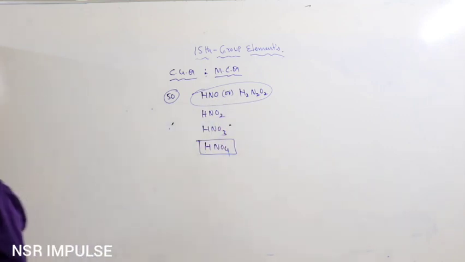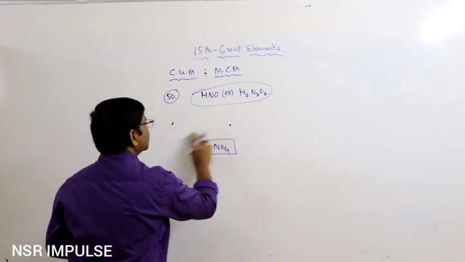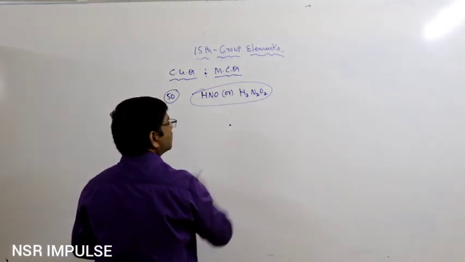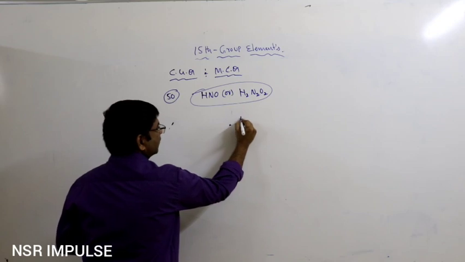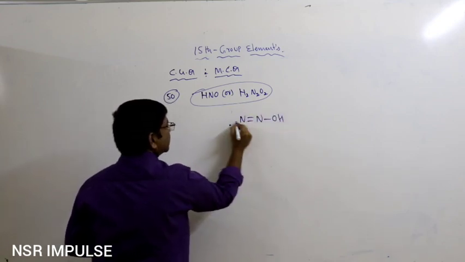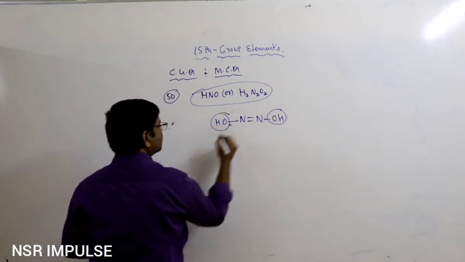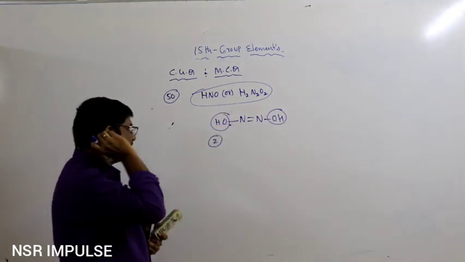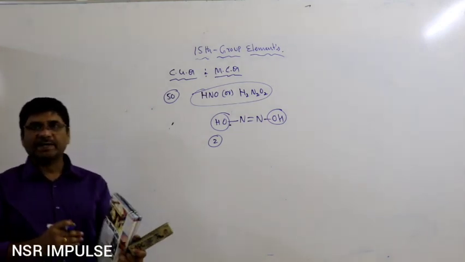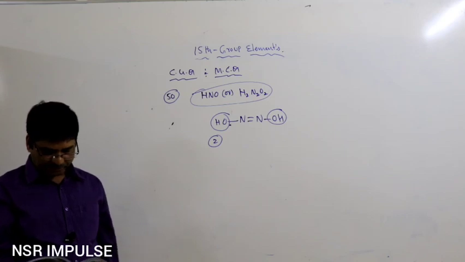The H2N2O2 state. In this, the possible hydroxyl group is N double bond N, OH, single bond OH. So how many OH groups are possible? 2. That is the answer. Two hydroxyl groups are possible in that compound.